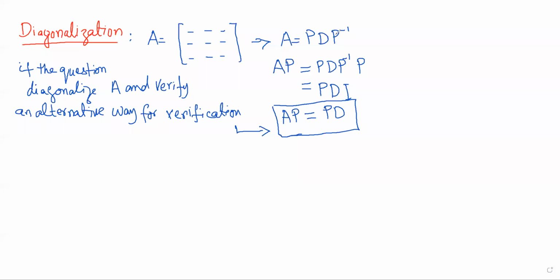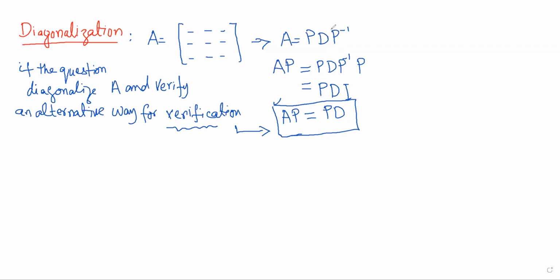In this case, if you want to verify your answer without finding P inverse, you can do the verification by this. You will multiply A by P, and then you will multiply P by D, and both answers will be the same. That is also an alternative way for your verification.